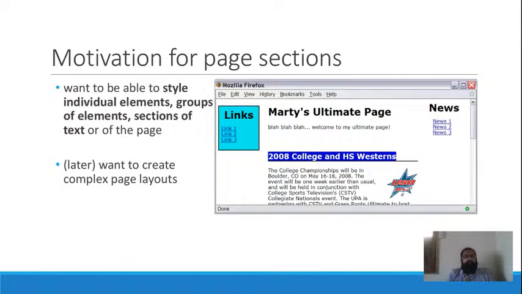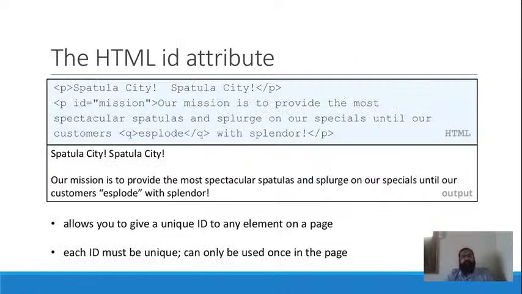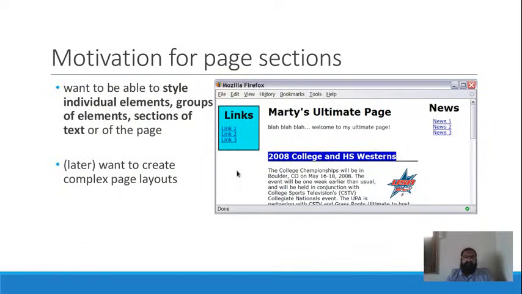Now if we want to create some complex page layouts, we may want to use CSS. Say, for example, I want this "welcome to my ultimate page" to be displayed in red color, and this is a paragraph with the p tag.